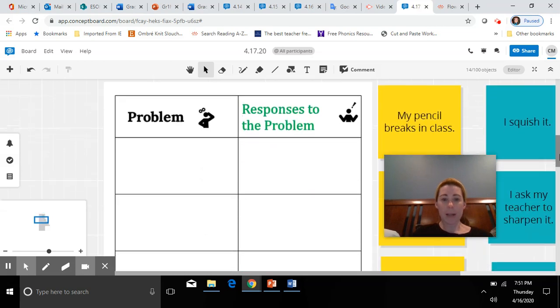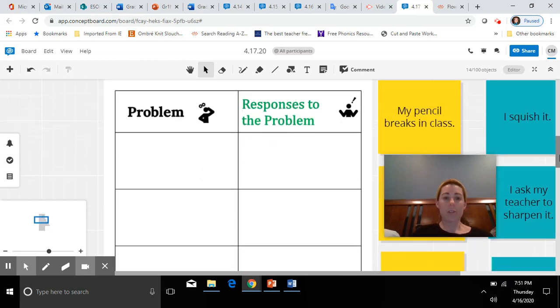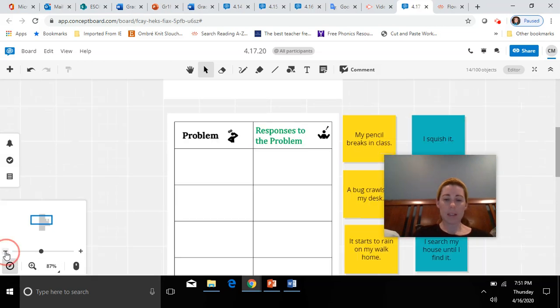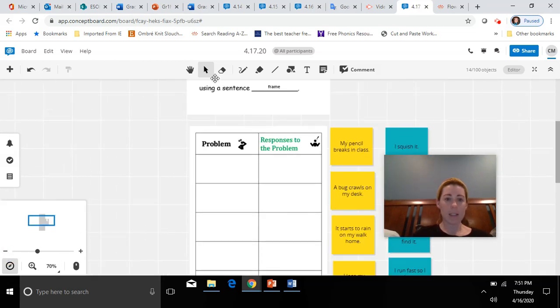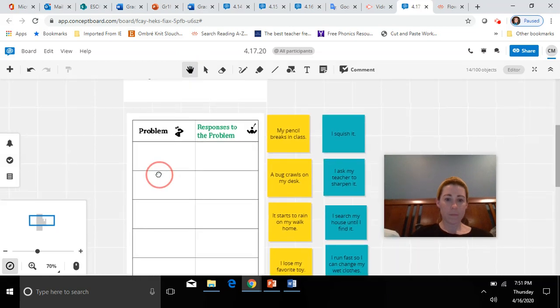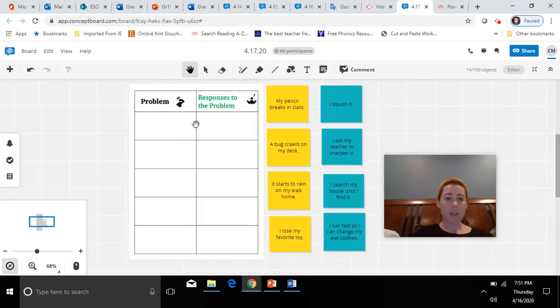To warm up our brains a little bit, we're going to complete a problem and solution chart. So let me just make this a little smaller so we can see. All right, so here's our chart. Problem on one side. You can tell the person is kind of thinking, something's going wrong.